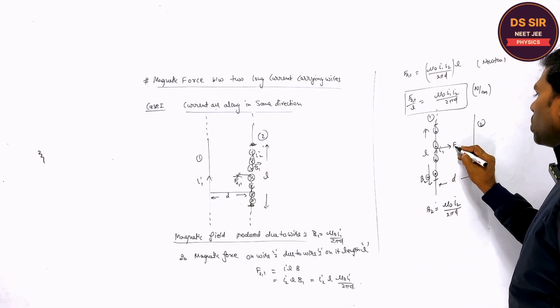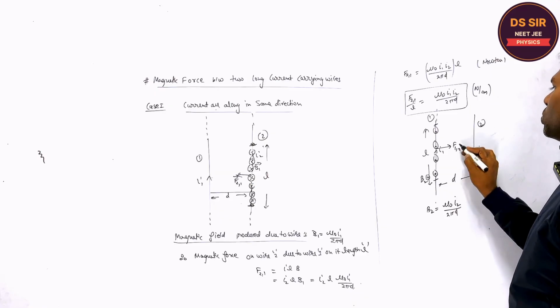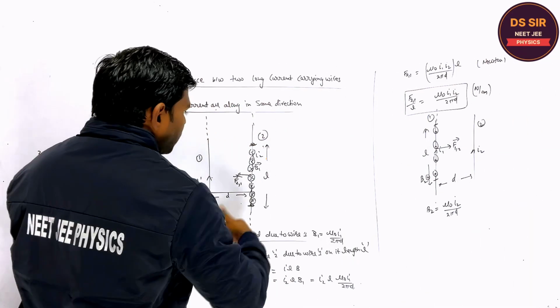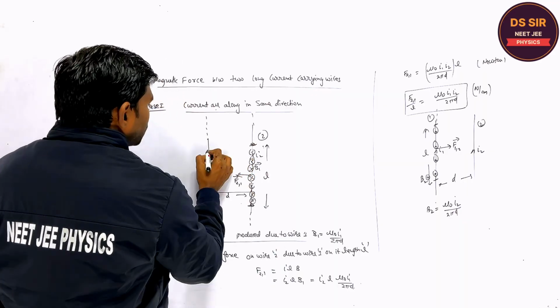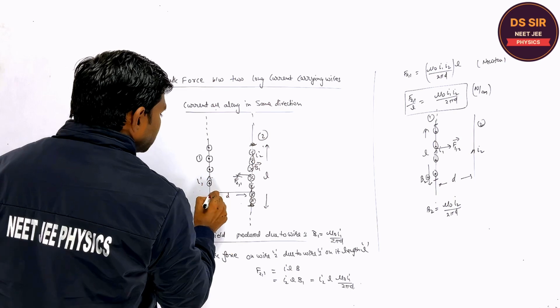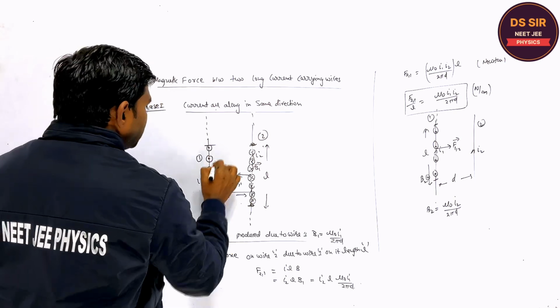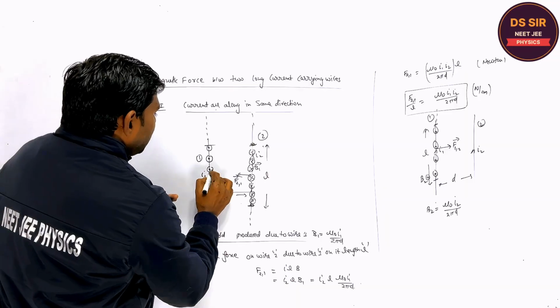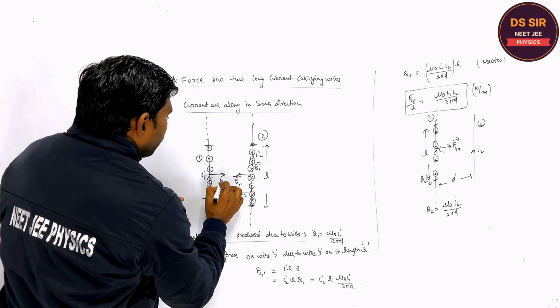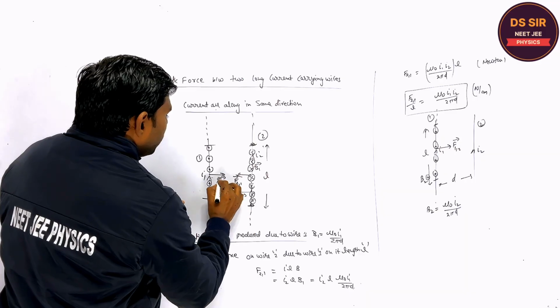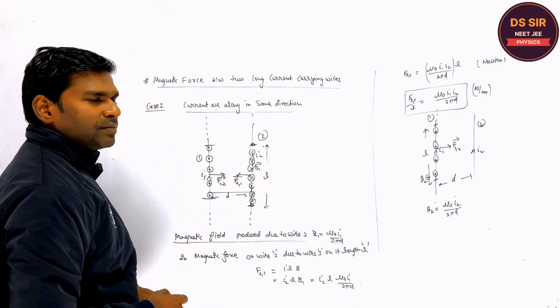This is the force on 1 due to 2. Is it clear or not? Because of the other wire, the magnetic field is produced outside. If you consider the length L, I1 is the current, so the force on 1 due to 2 will act in this direction.